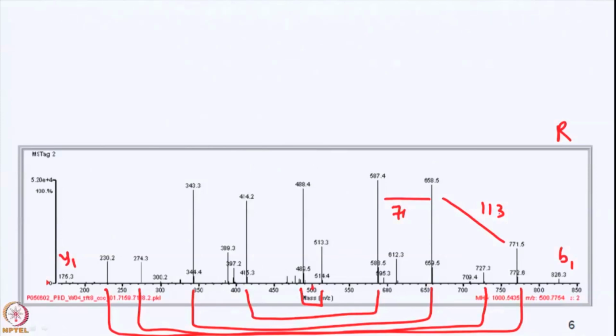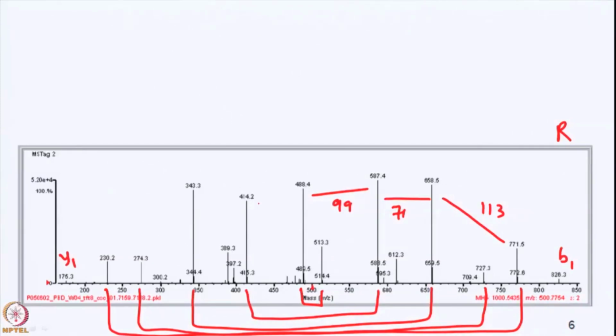Then 587 to 513 is 74. That's not an amino acid mass. 488 to 587 is 99. That's an amino acid mass. 488 to 414 is 74. That's not an amino acid mass.